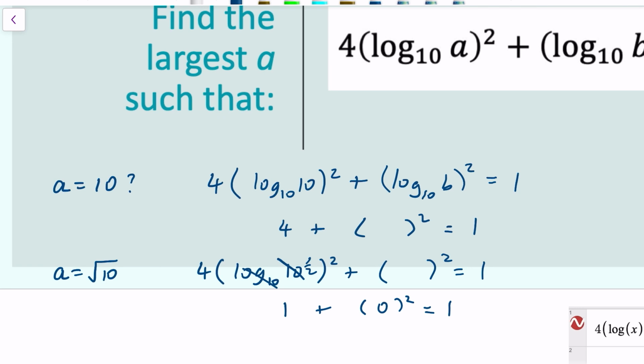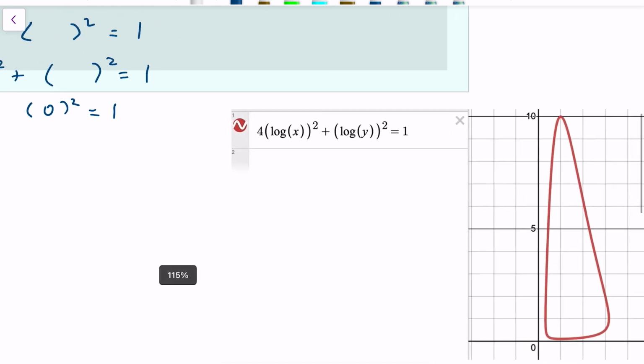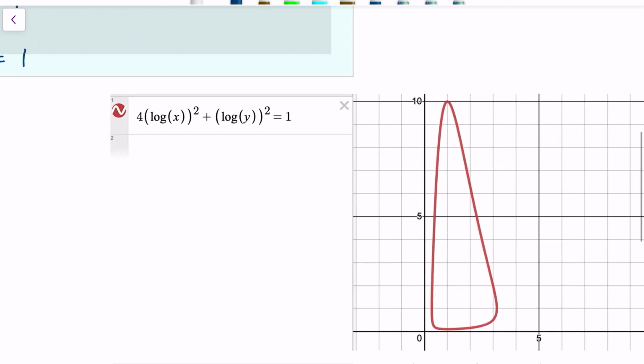Now let's have a look at the graph of this thing just to help us understand it a bit better. We're not expected to know what the shape of the graph looks like. We could make y the subject of this equation and then graph it using our graphics calculator. That's possible.